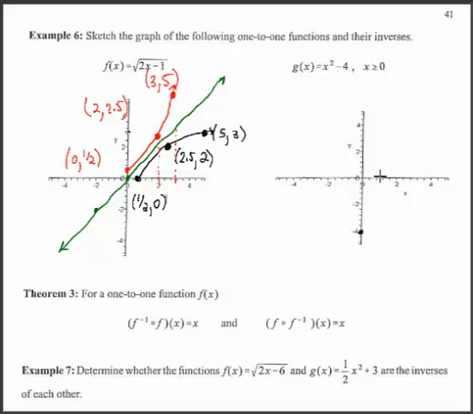So in between 0 and 2, I want to go down to right about there. And along the way, I'll label my points with coordinates. So this is 0, -4. This is 1, -3. What if I input 2? Well, 2 squared minus 4 would give me 0. So for g of x, I have my x-intercept.